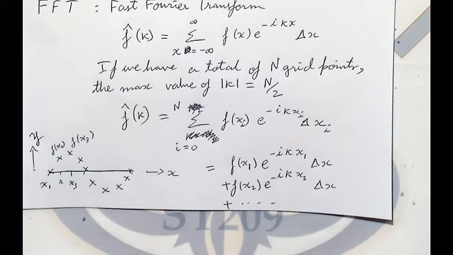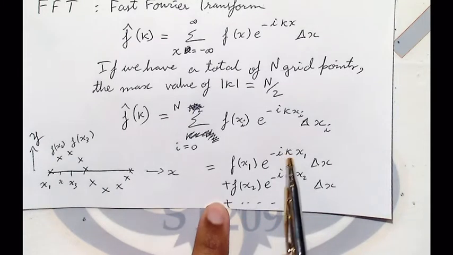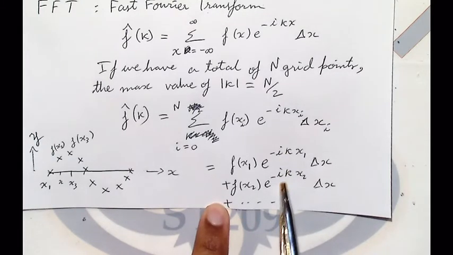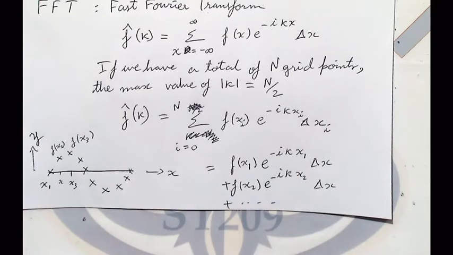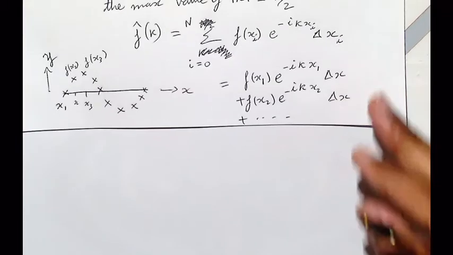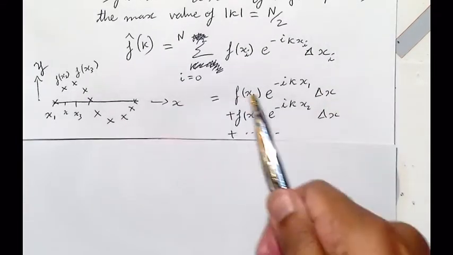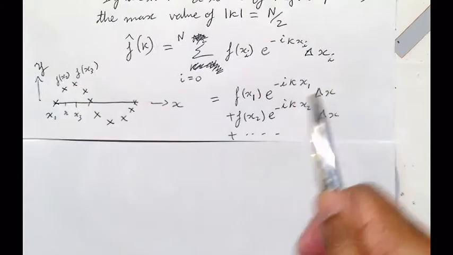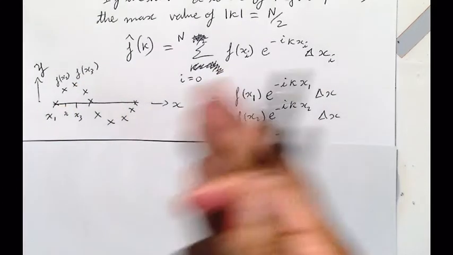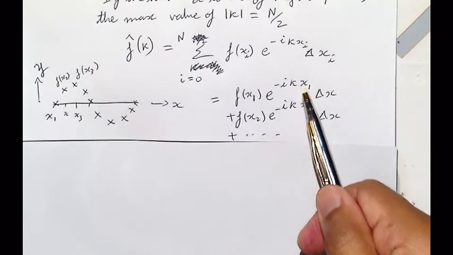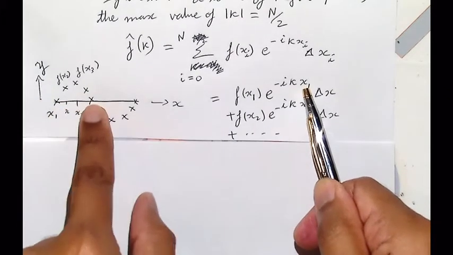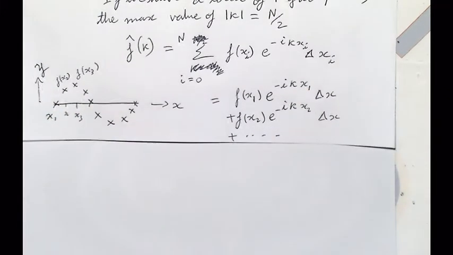And well, we still cannot sum up all these because we have a variable that's unknown to us, kappa. Okay? So does this make sense or is it confusing? Makes sense? Okay. So we know f of x1 given to us numerically. We know delta x. The whole thing is divided into delta x's. We know x1 because we are looking at different points. What is kappa? Where should I get kappa from?